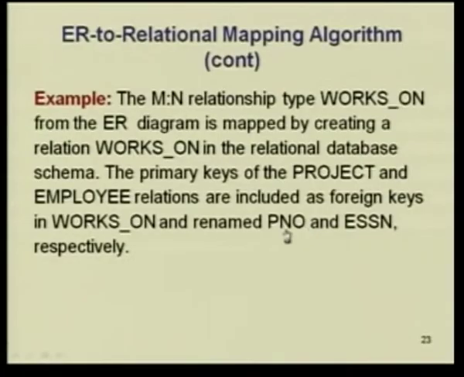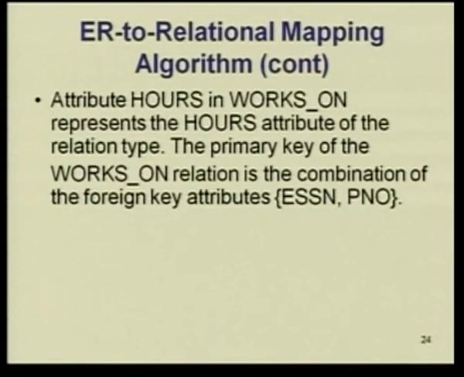Remember, a new relation is a new table, and you rename them as P number, project number, and instead of SSN you have ESSN. Together they form the primary key, and they are foreign keys in the works on relation. Attributes in works on represent the attributes of the relationship type, so those have to be included. The primary key will be a combination of these two. So that is as far as that step is concerned.